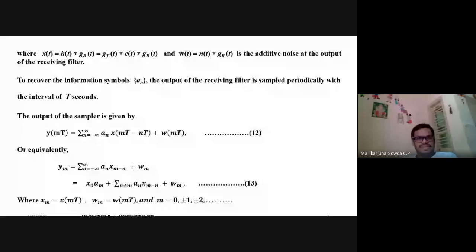So I am substituting here the value of n equal to m.